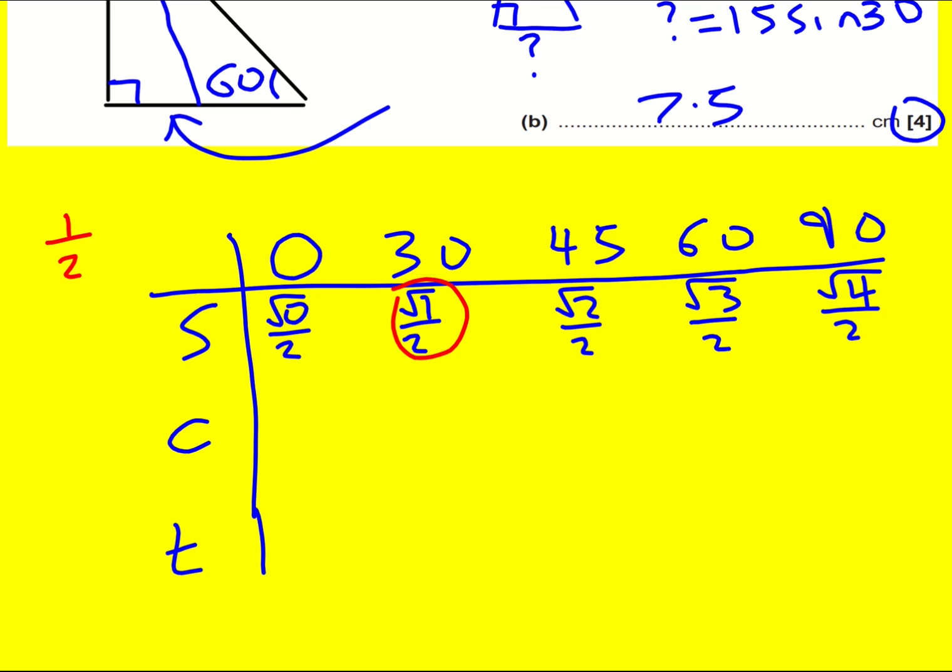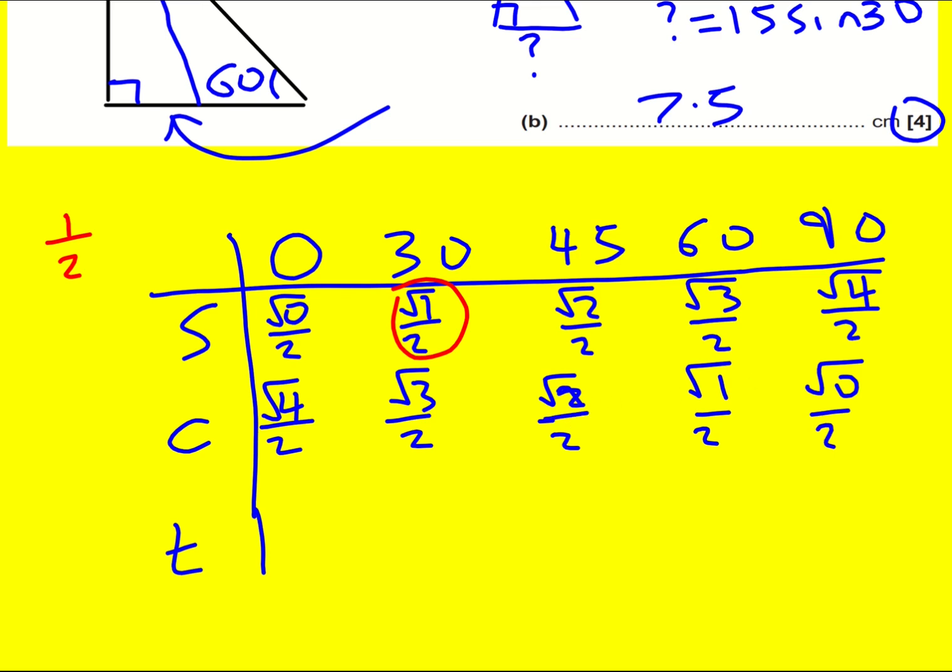Let's just keep going. So for cos, you do the same, but you go the other way around. You do 4, 3, 2, 1, 0, square root them, and divide by 2. Okay, and you've got all your cos values that you need.